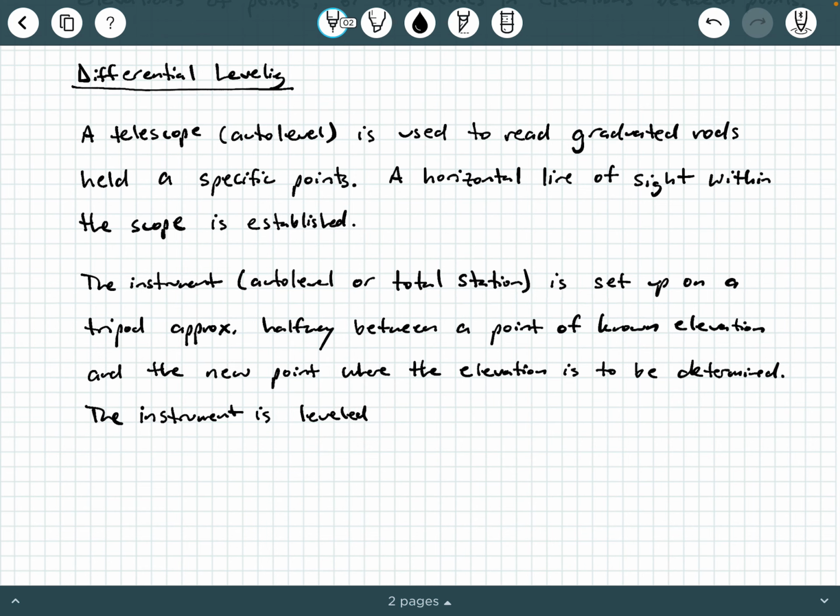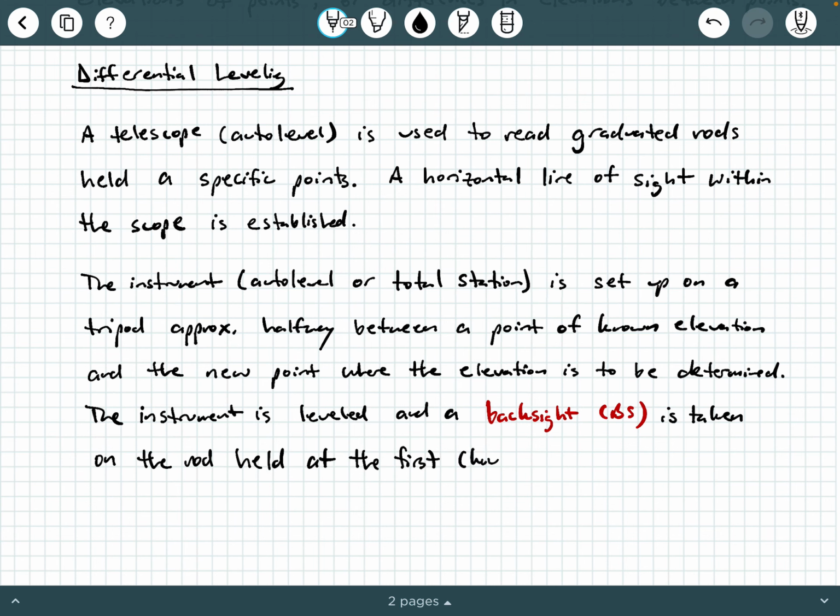So the instrument is leveled, and a back sight, abbreviated BS, is taken on the rod held at the first or known point.